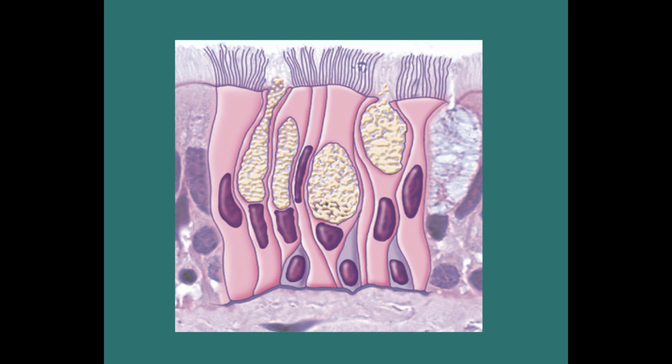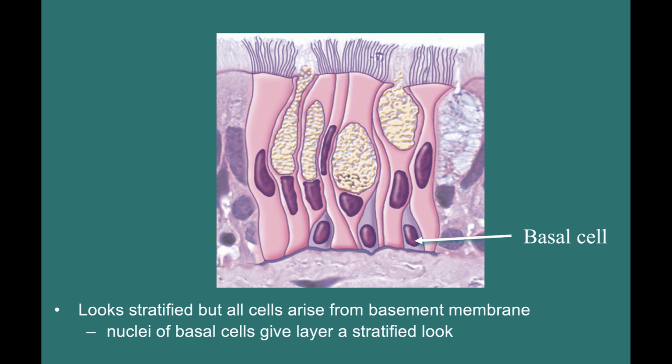So let's look at a couple of these structures. Here's our basement membrane at the bottom again. We see these nuclei in those cells, but we also see these other nuclei here. Now these are nuclei of basal cells, and these basal cells make this tissue look stratified.